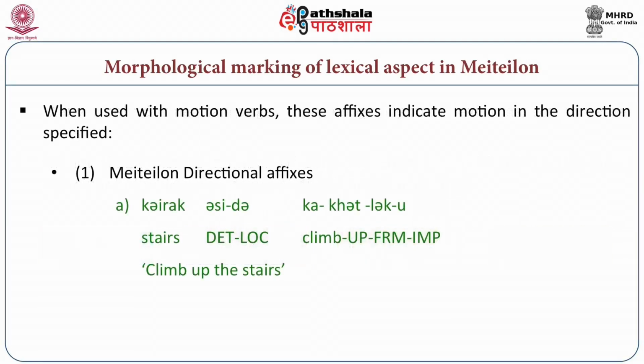When this group of morphemes is used with motion verbs, these affixes indicate the motion in the direction specified. The verb climb up in Meiteilon involves the verb root ka, to which is added the morpheme khat. The verb climb down in Meiteilon involves the verb climb plus the morpheme down.